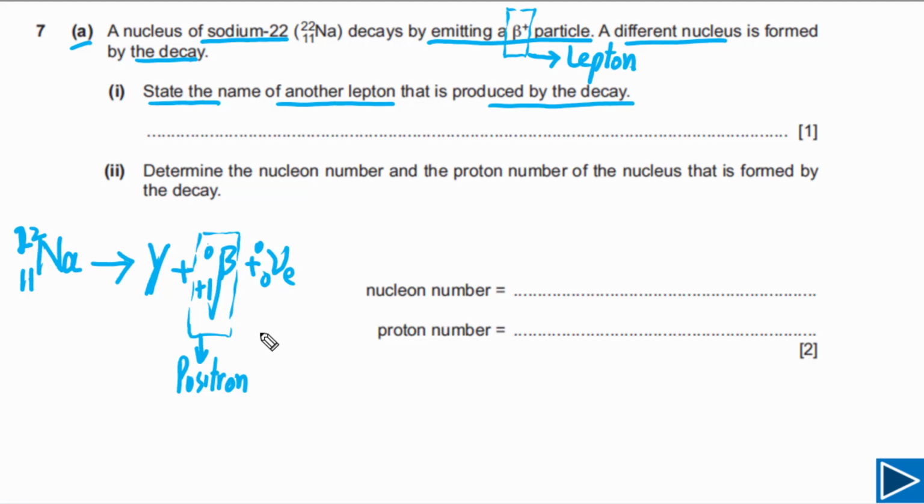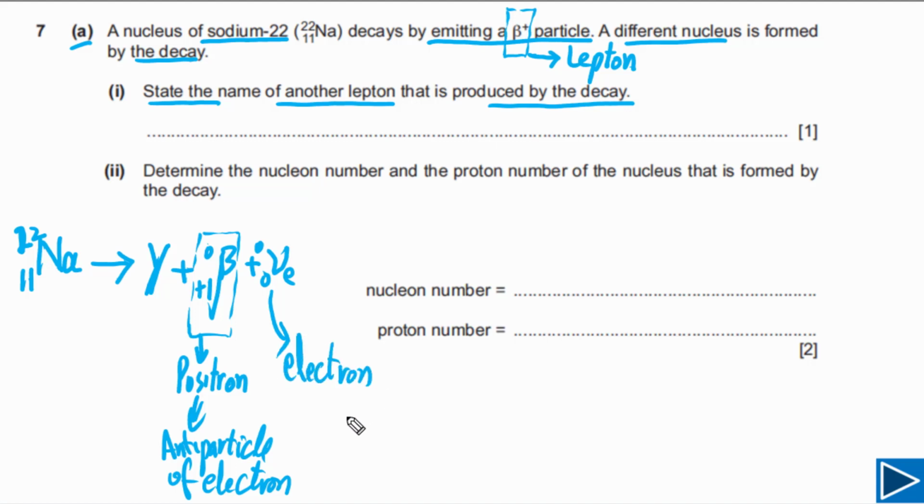You have to be very clear about this point because they will ask you this in many ways. So we can say this is a positron, and a positron is the antiparticle of the electron. And this is an electron neutrino. There are different types of neutrinos: electron neutrinos, muon neutrinos, and tau neutrinos.